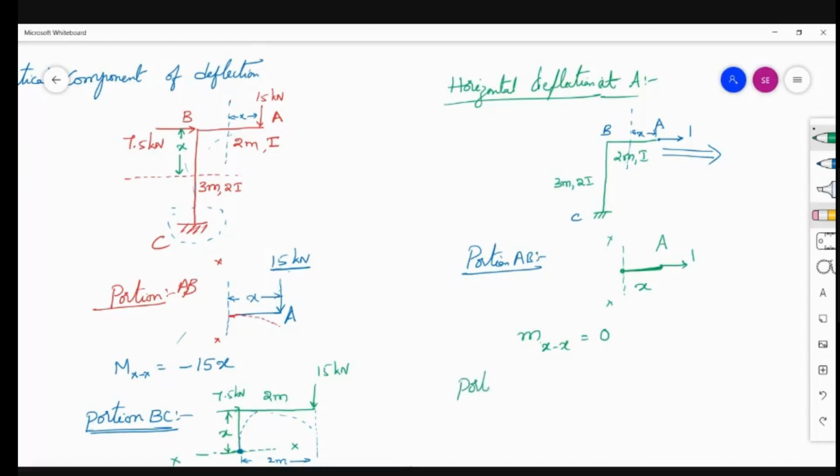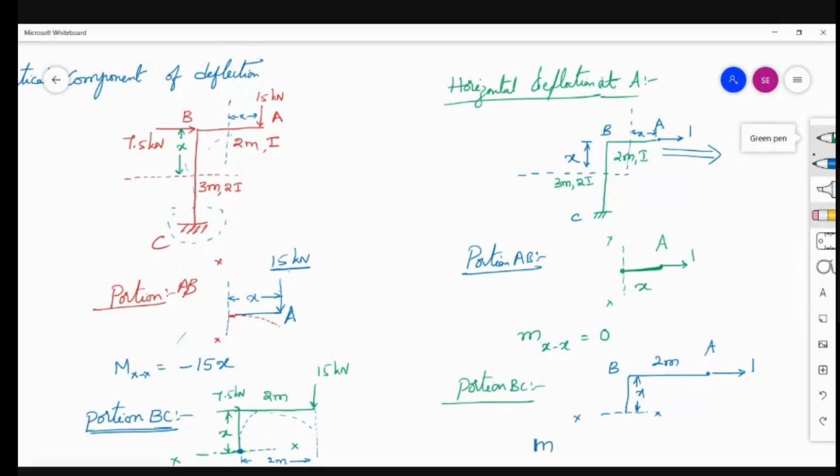Now portion BC. For portion BC, you need to cut a section at a distance of x from the origin. B is the origin. Now take the free body diagram. Here this is A, this is B, this is 2 meters, and the distance is x. Here a unit load is acting horizontally.